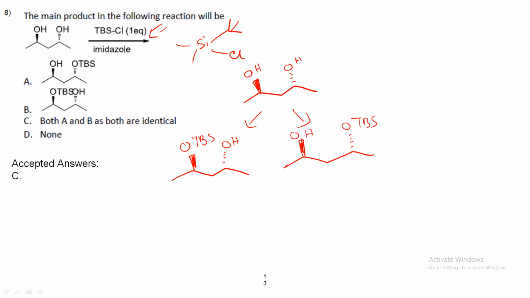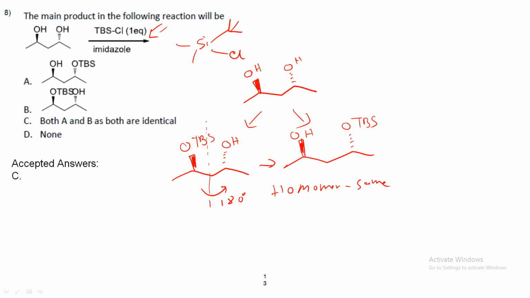Now, how can we go from one to the other? Let's say here we have an axis and we just rotate the molecule 180 degrees over this. If we rotate this, the below hydroxy would come above, and the above OTPS would go below. So these two molecules are nothing but homomers, meaning they are the same molecule.